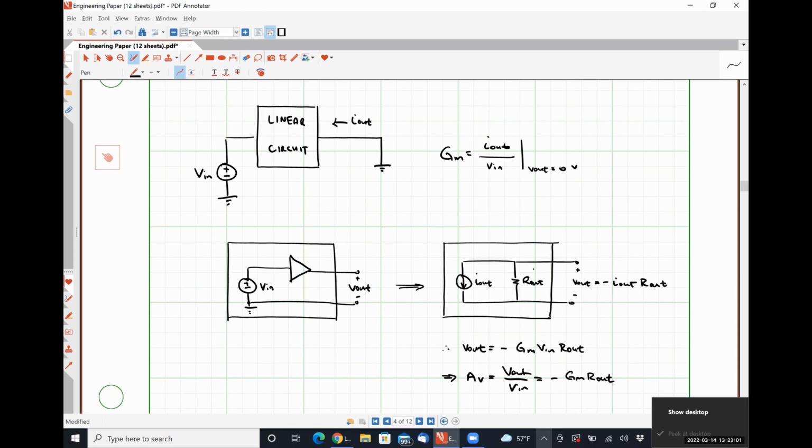And that transconductance GM is a measure of our transconductance gain because it's literally how efficiently I convert an input voltage to an output current, and then I make that output current flow through a resistor to convert it into an output voltage. We'll talk about that concept a lot more when we get into feedback amplifiers at the end of the course.